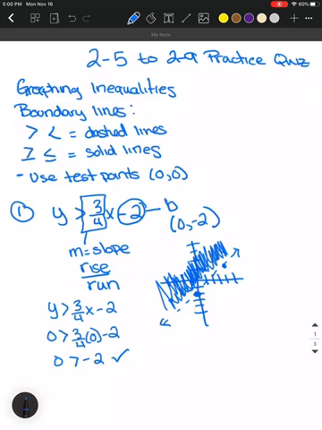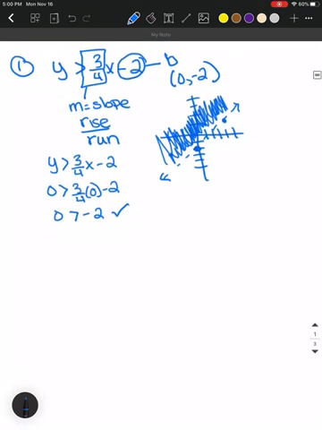Number two, we are still graphing inequalities, but we are going to be using intercepts. The problem is 16x plus 8y is greater than -32.